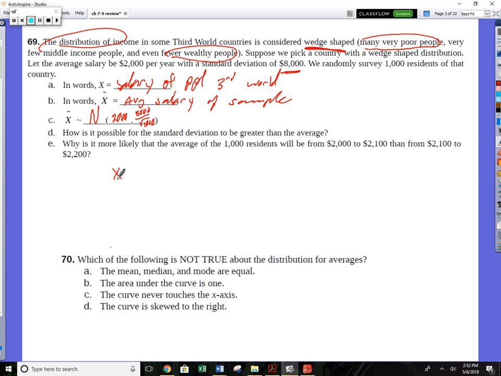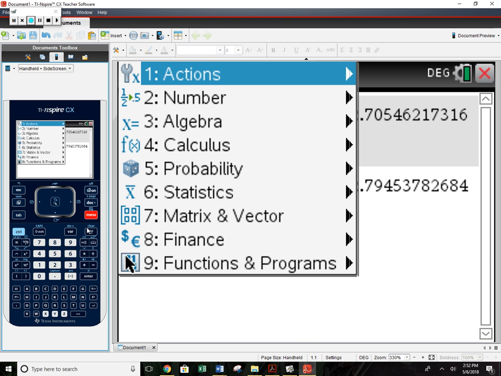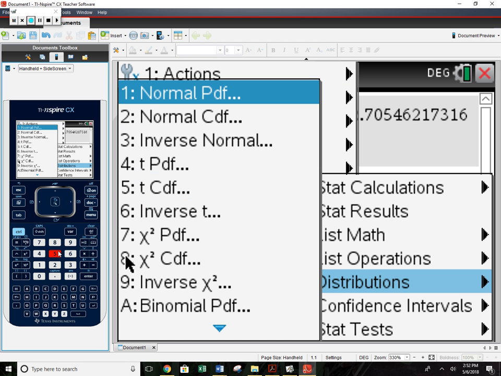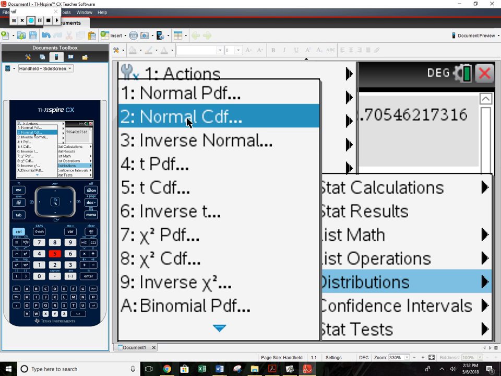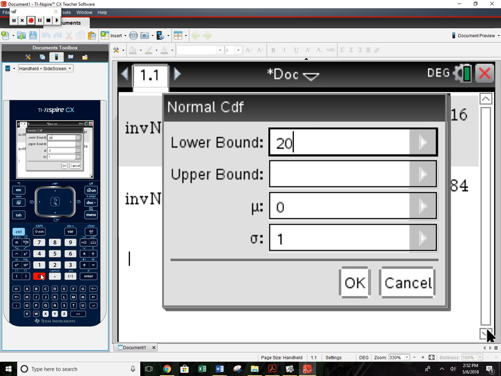Alright, what we're going to do is this. So it's calculator. We're going to go menu, 6, 5, and we are going to use a cumulative distribution. Okay, the lower bound. So they want us to find the range from 2,000 to 2,100 using that population mean of 2,000.